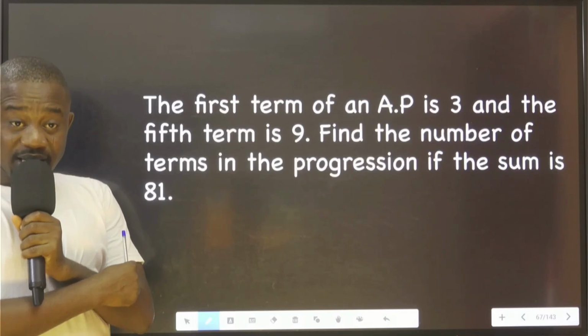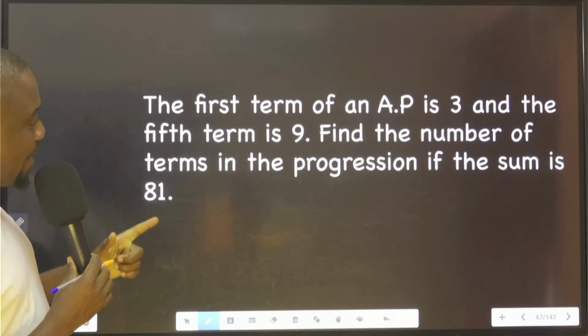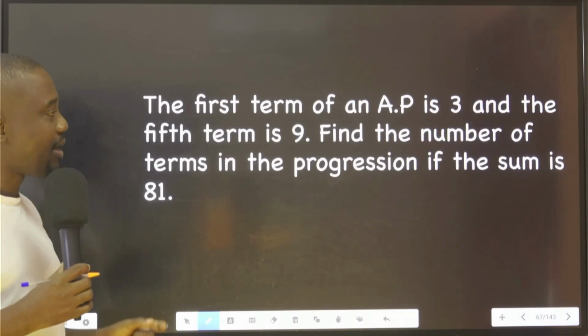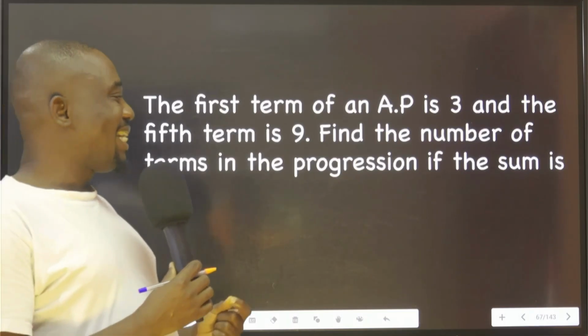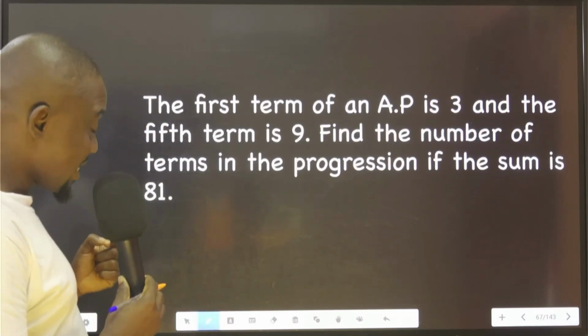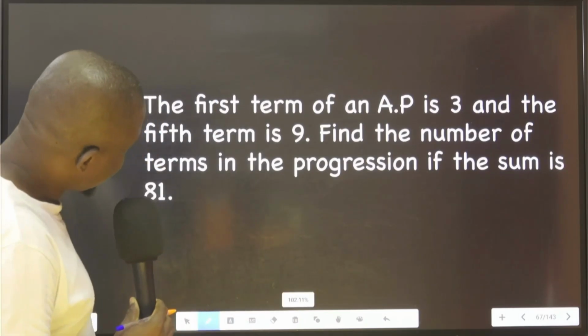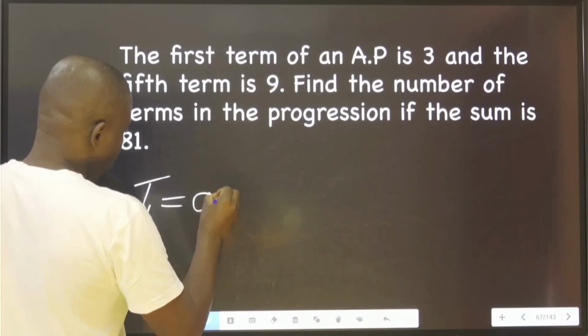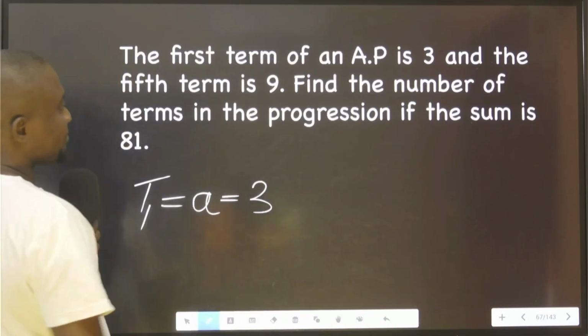Okay? Let's look at this. It says the first term of an AP is 3, and the fifth term is 9. Find the number of terms in the progression if the sum is 81. Let's see. The first term, which is also equal to A, is 3.